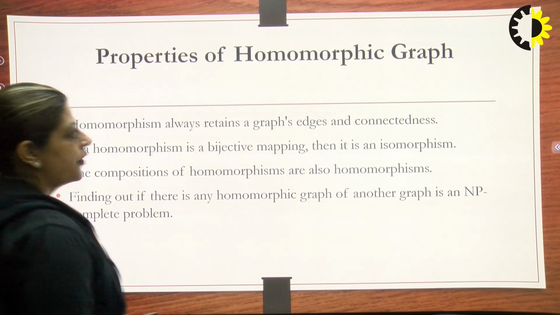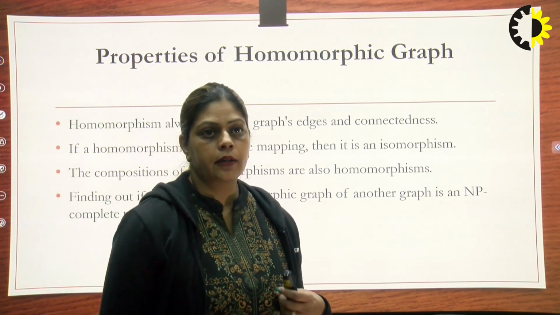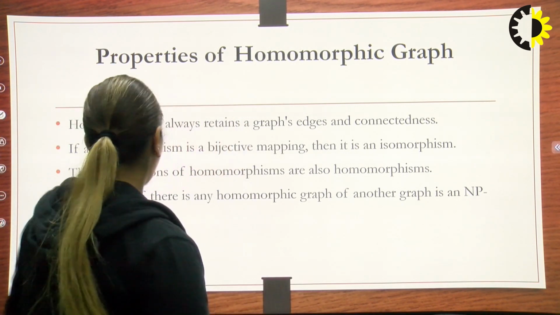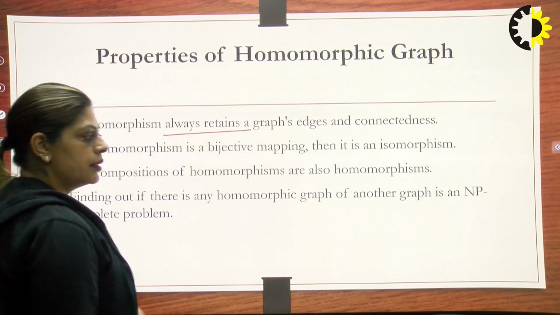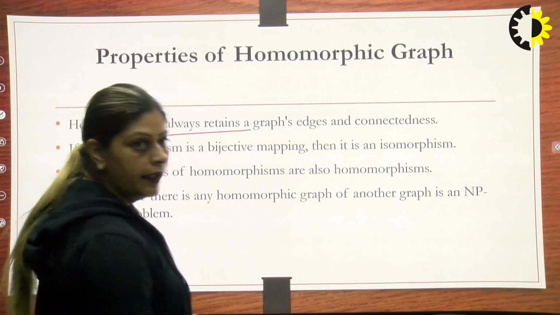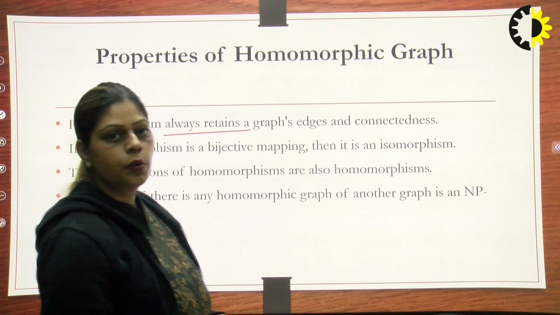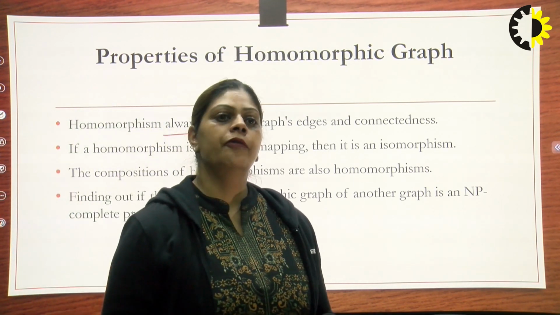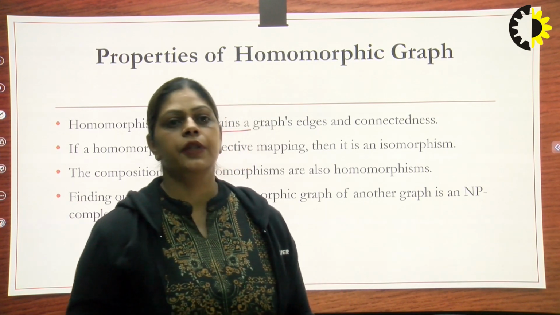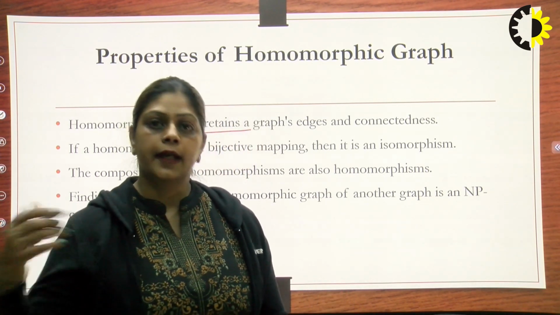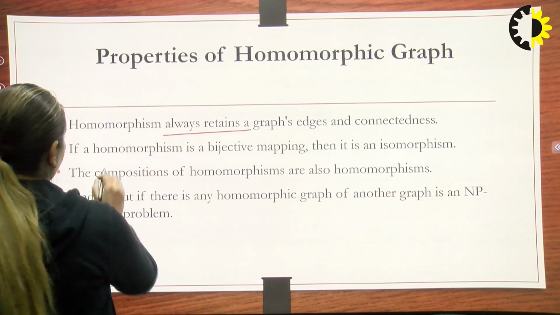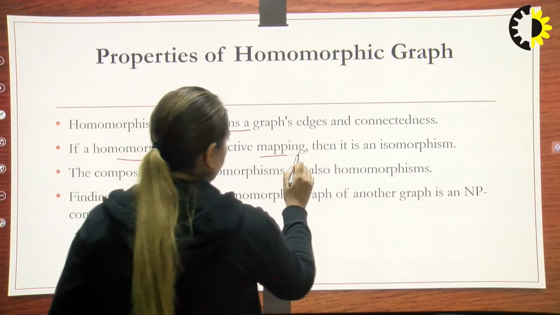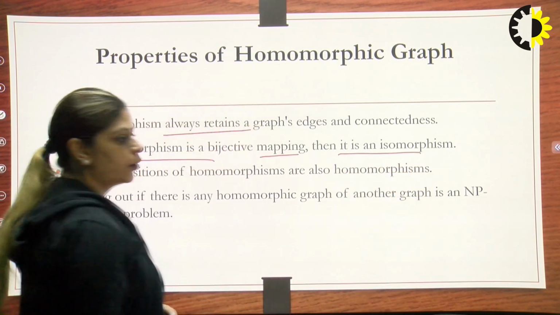Now the properties of the homomorphic graphs. When you are testing whether both graphs are homomorphic or not, homomorphism always retains the graph's edges and connectedness, right? If there is a connection between two vertices, then there will be a connection between those vertices, directly or indirectly, in the homomorphic graph. If homomorphism is a bijective mapping, then it is isomorphism.